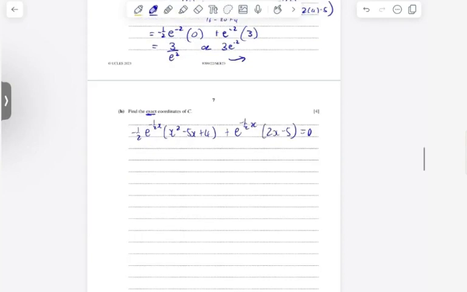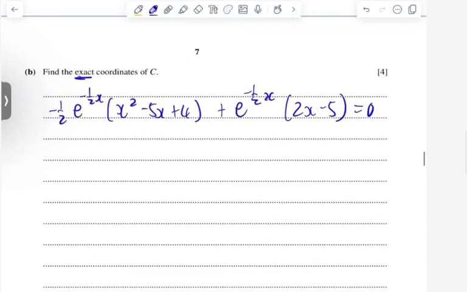I've written this gradient a bit funny now, but that gradient is now equal to 0. Not so straightforward to simplify, but if you can get this thing into 2 factors, you can make each factor equal 0. And that's generally a very good place to start. So I'm going to start there.